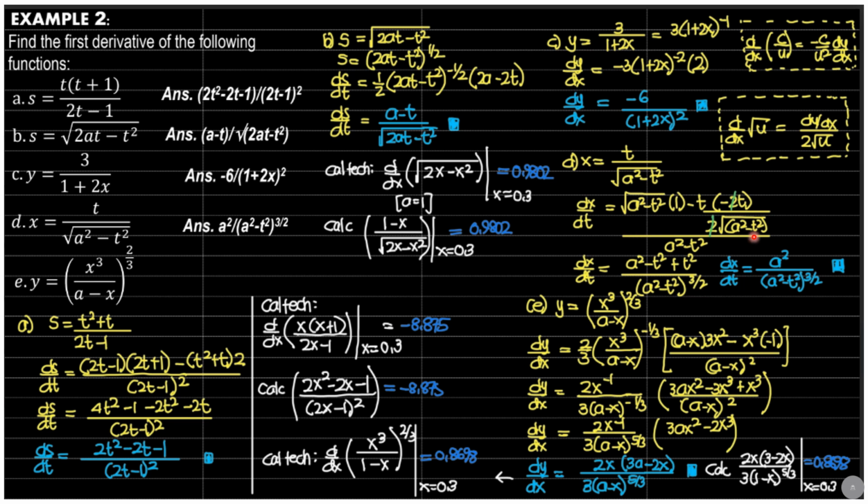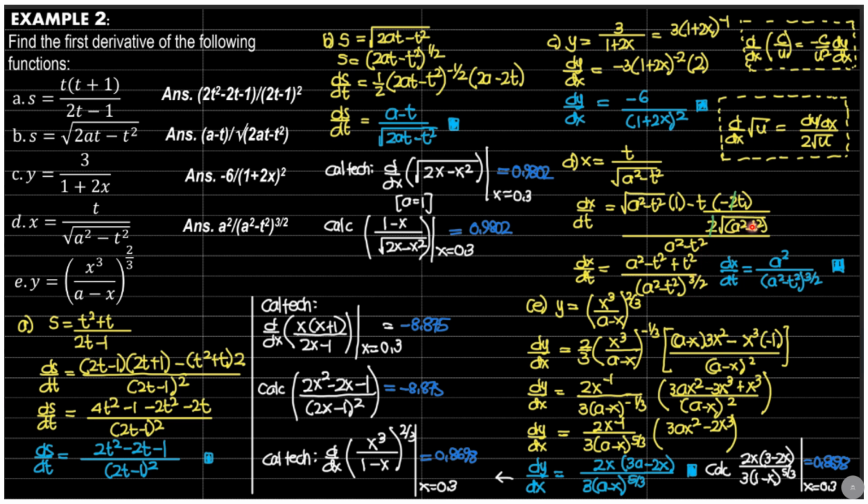Then all over the square of the denominator, because that's denominator times derivative of numerator minus numerator times derivative of denominator all over denominator square. The denominator is a squared minus t squared. So cross multiply, we have a squared minus t squared plus t squared. Then all over, we combine this.